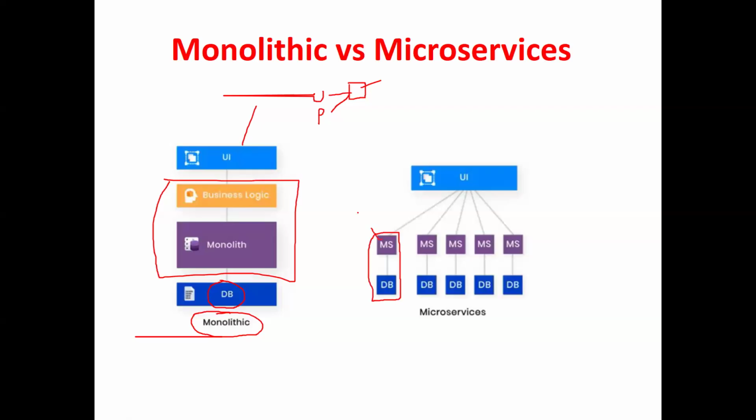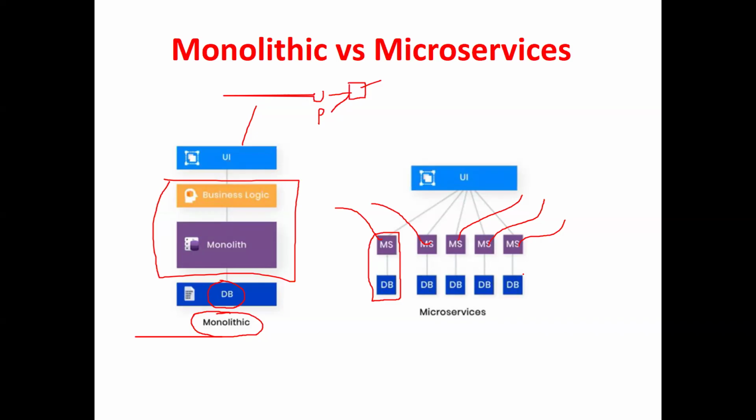This is user functionality, this is product functionality, cart functionality, payment, order. You can create any number of Spring Boot projects. Each project can communicate to its own database. It can be the same database, or a different database also.